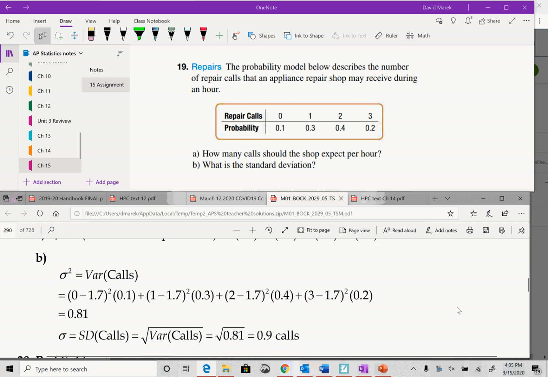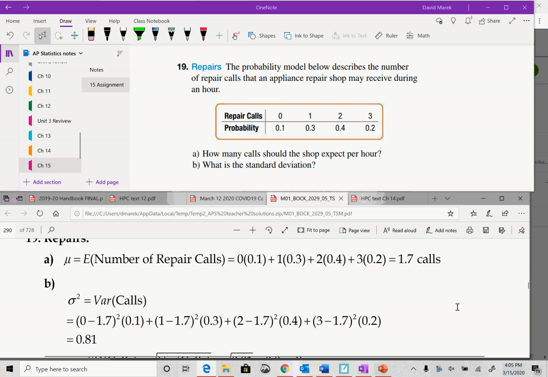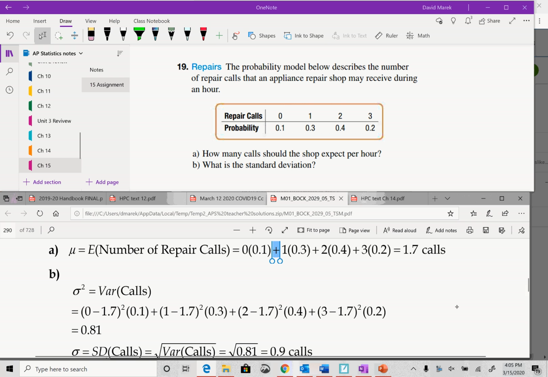Keep in mind that standard deviation is simply the square root of the variability. So to figure out the variability of the number of calls, we're going to take that number we just found, the 1.7 calls, and go back one by one and take that expected outcome of 0 minus the value that we found for mu and square that and multiply it by the probability.